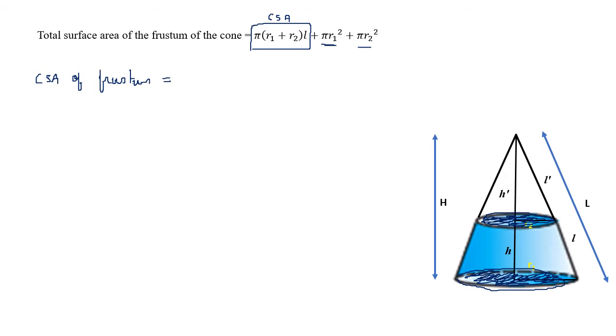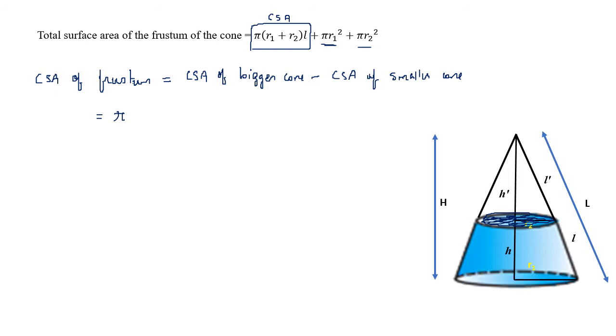Frustum equal to CSA of bigger cone minus CSA of smaller cone. Okay. CSA of bigger cone is pi. Okay, pi. Now, what is the radius of the bigger cone?